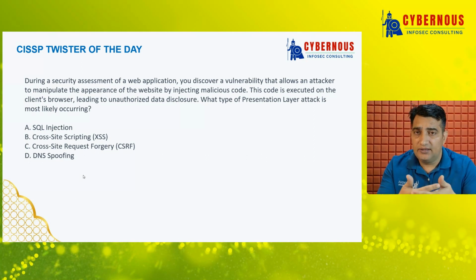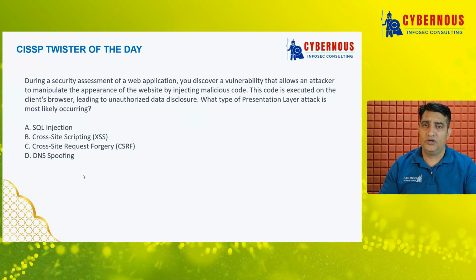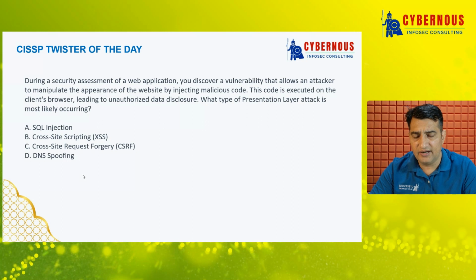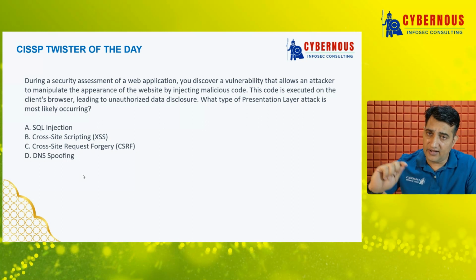Then the last option here is option number D, which is DNS spoofing. In DNS spoofing, the attacker is able to spoof a particular entry into the DNS cache, and a user who wants to access a certain website gets redirected to a malicious website because the entry has changed in the cache.